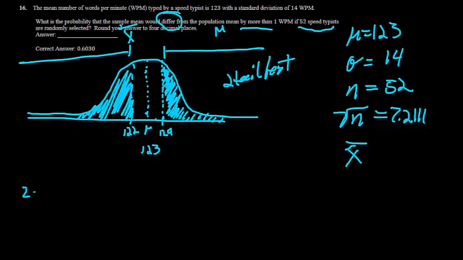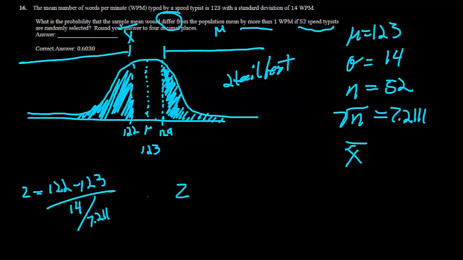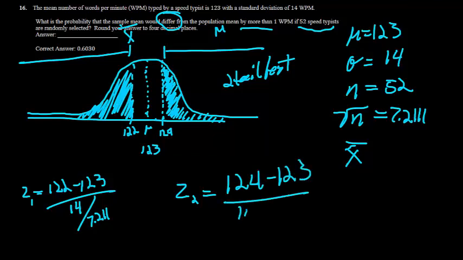So Z on the left-hand side is equal to 122 minus 123 over sigma 14 divided by the square root of n. We've already calculated that as 7.211. Same thing on the other side. Let's call this Z sub 1 and Z sub 2. This is going to be 124 minus 123 over 14 divided by 7.211.